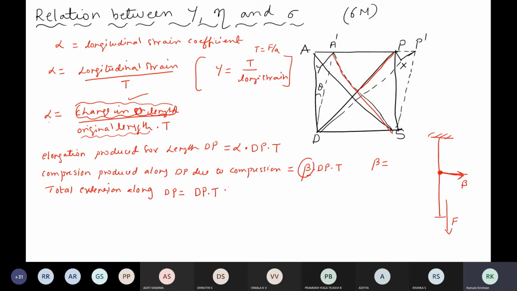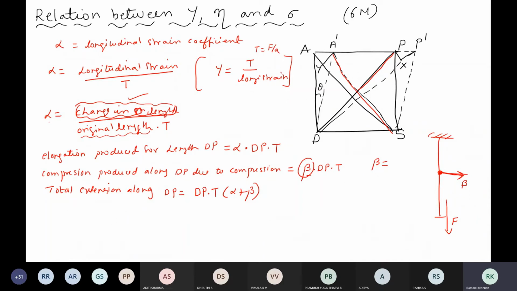Can you write this? Elongation produced along dp is due to the extensive stress, so it is alpha dot dp dot t. On dp again there is compression also acting, so it is beta dp dot t. So the total extension acting along dp, we have to add.